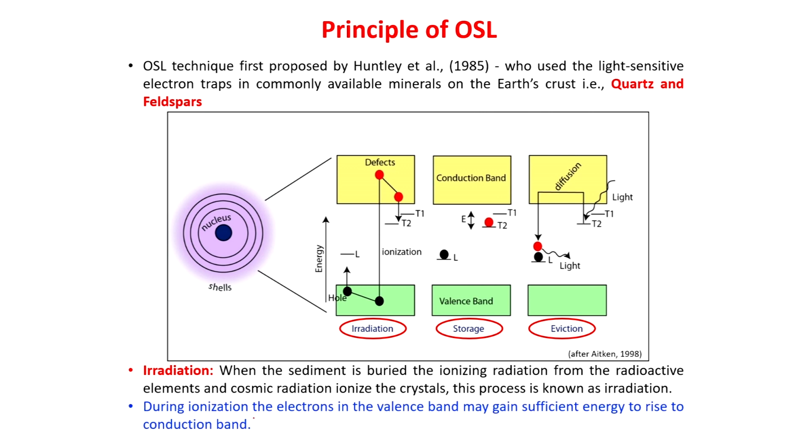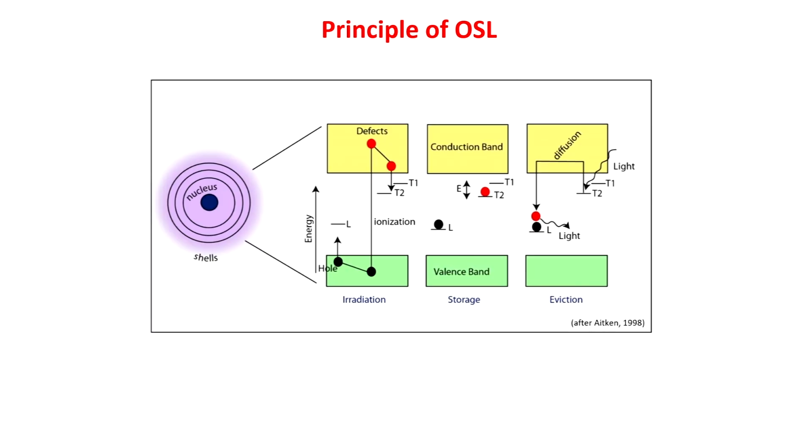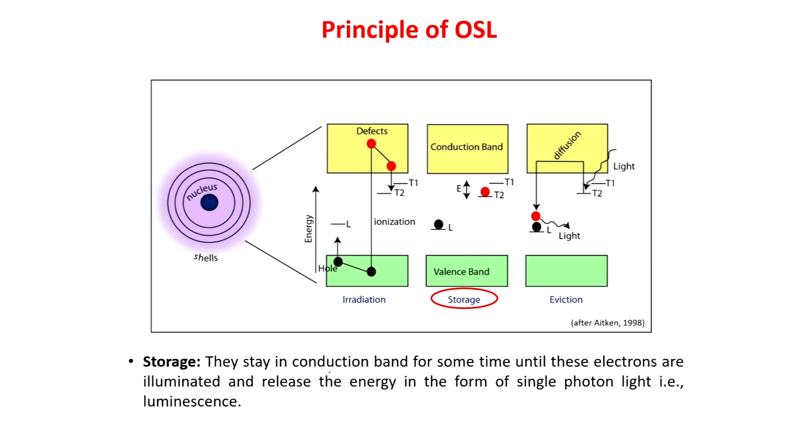Then during ionization, the electrons in the valence band may gain sufficient energy to rise to the conduction band. So, they will start moving up once they gain sufficient energy. Second is the storage. They stay in the conduction band for some time until these electrons are illuminated and release the energy in the form of a single photon of light, that is your illumination.